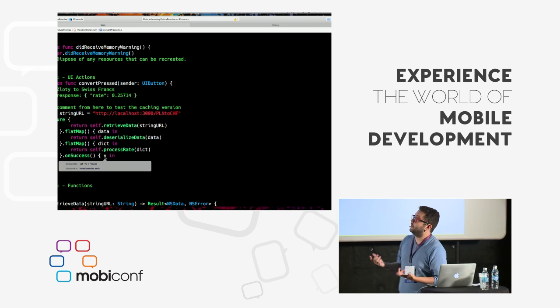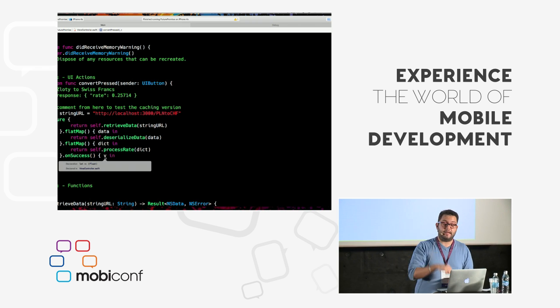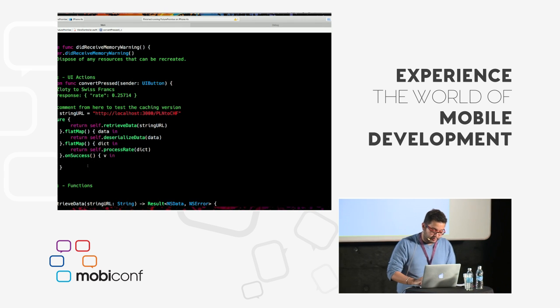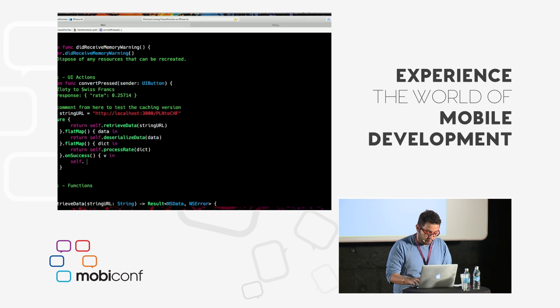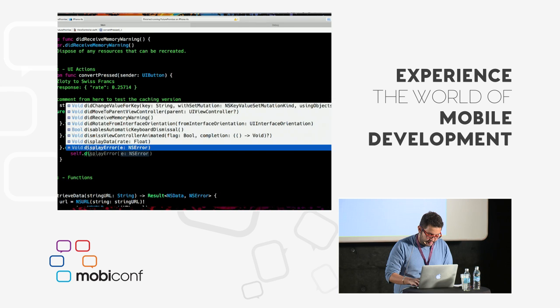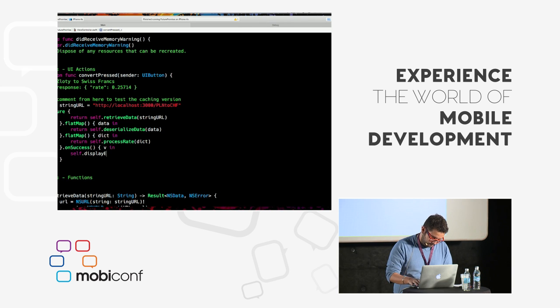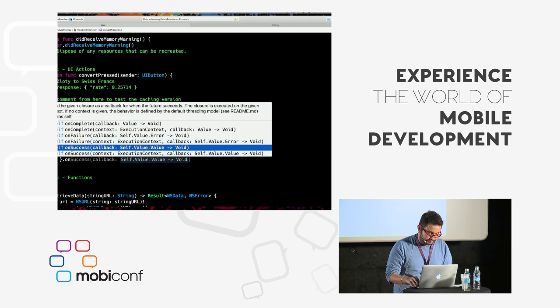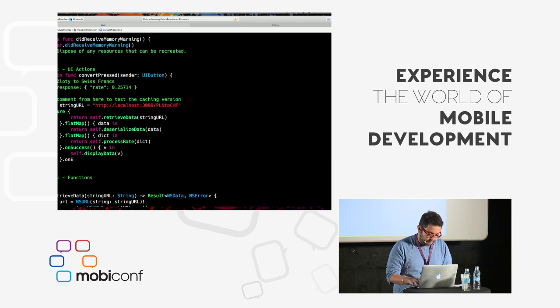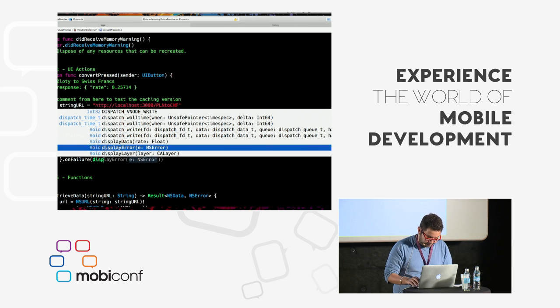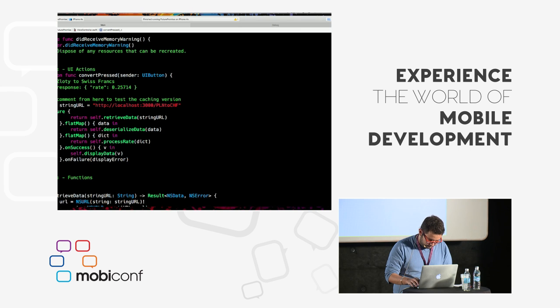And my onSuccess block is going to take this float, and with this float I can call my display data that takes a value, and onError, in case of some failure, I give the display error function.